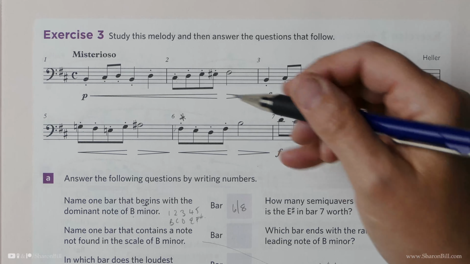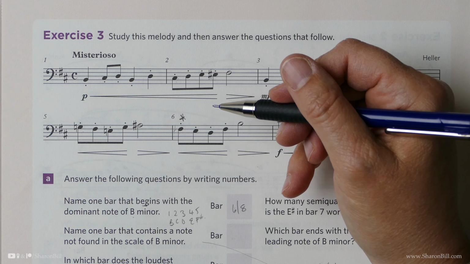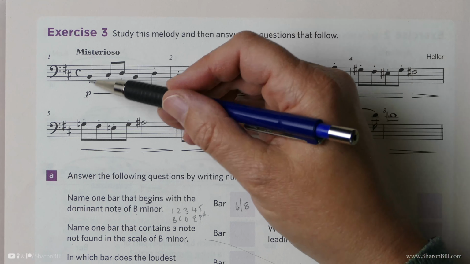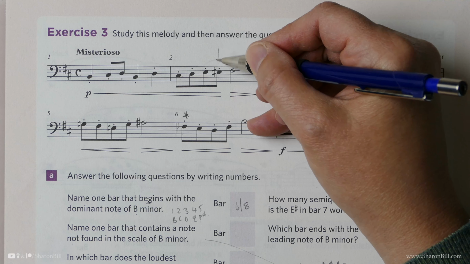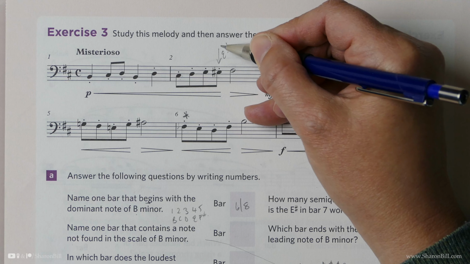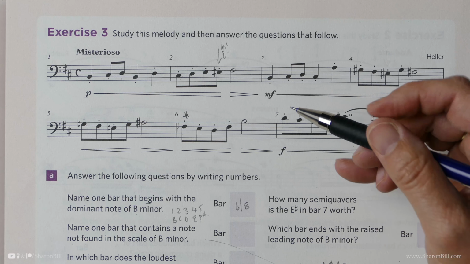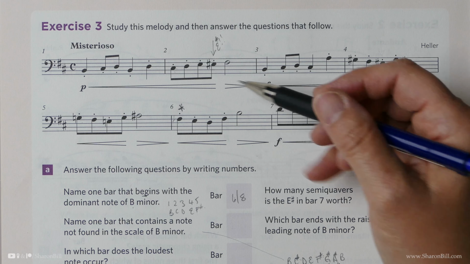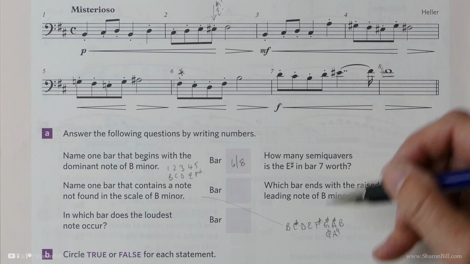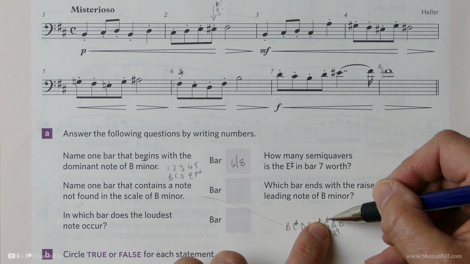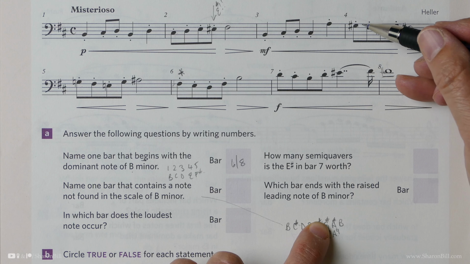So what do we have here? All of this is explained by the key signature. However, here we have an E sharp. That's not part of it. There's no place for an E sharp in this scale. Now we have a G sharp, and we know that's okay because of the raised 6th.